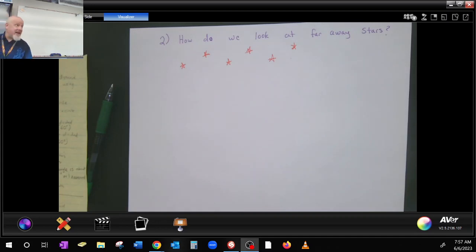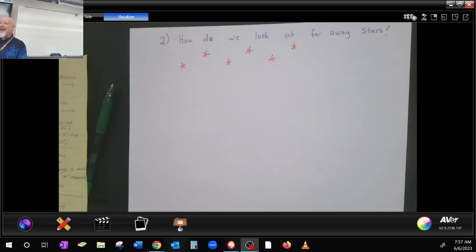And by the way, a light year is the distance that light travels in 1 year. Light is not instantaneous. All right? When I turn on a light, yes, it fills the room up immediately because it travels really, really fast. But it does take time to get from one place to the next. For example, right now we're looking at sunlight. The light that you're seeing outside shining in is the light coming in from the sun.